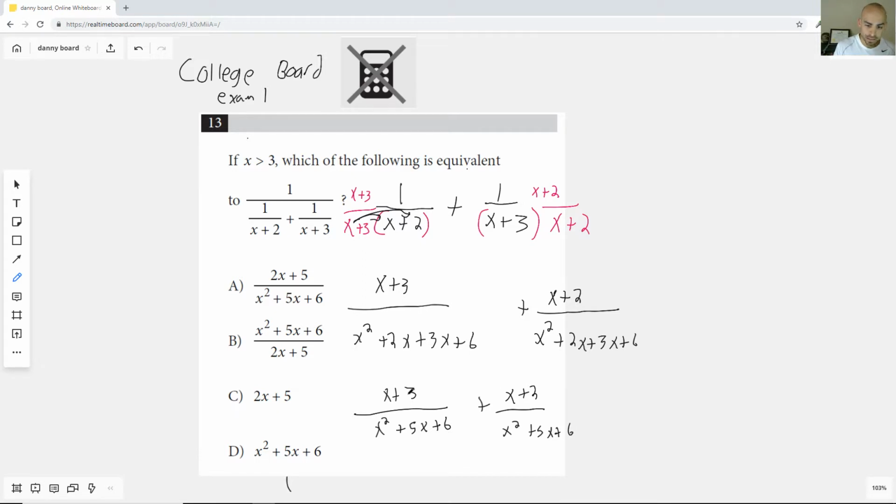And then what I can see is that I can now add my numerators. That's the whole point of us creating this common denominator, so we can actually combine that numerator. So we have 2x plus 5 over x squared plus 5x plus 6.